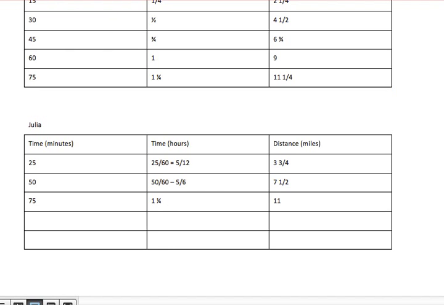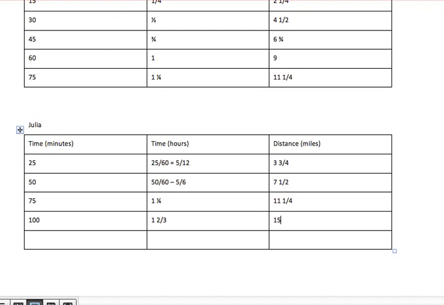And she can go 11 1/4 miles at that time. Finally, if we extend Julia's table one more, we could go to 100 minutes, which is 1 2/3 of an hour, and she can travel 15 miles in that amount of time.